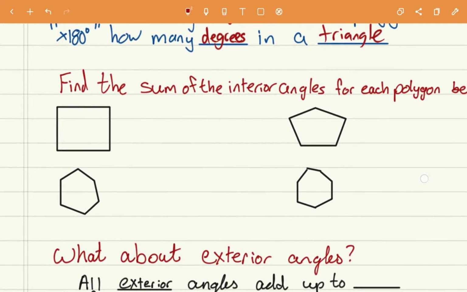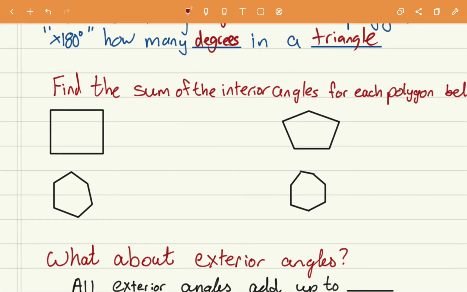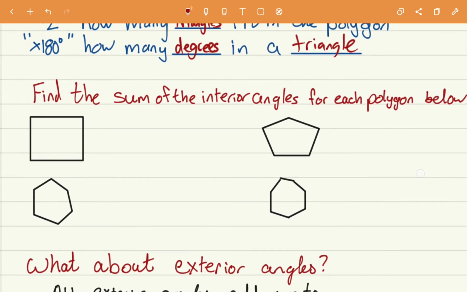So let's find the sum of the interior angles for each polygon below. We have 1, 2, 3, 4 sides. So we could do 4 minus 2 times 180. That gives us 2 times 180, which is 360.